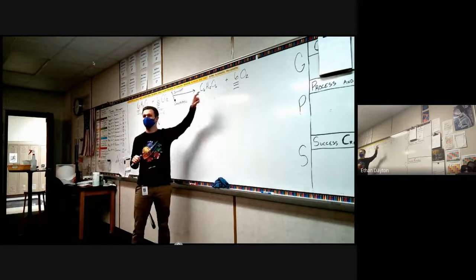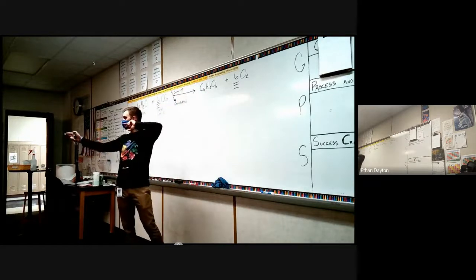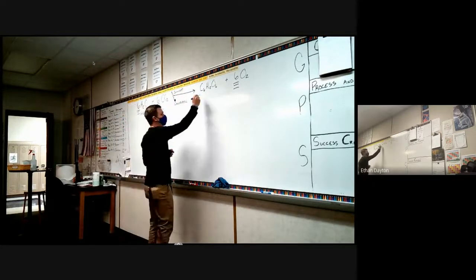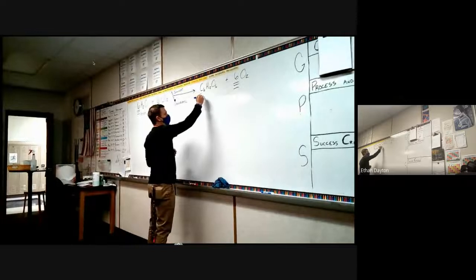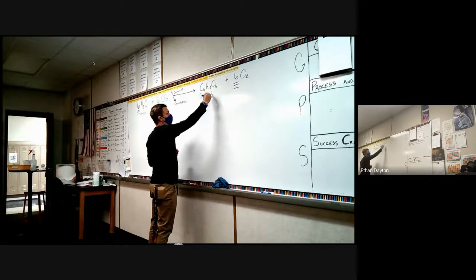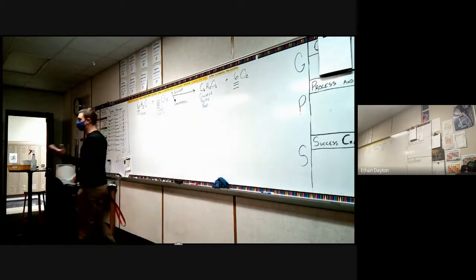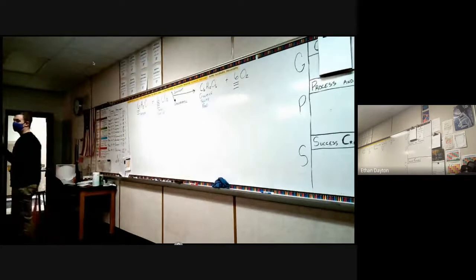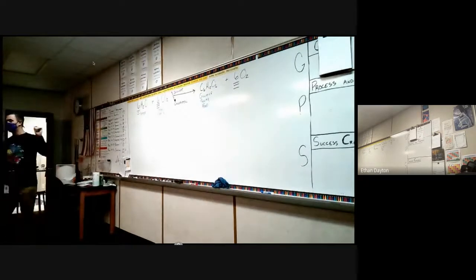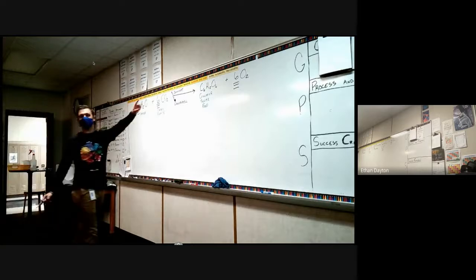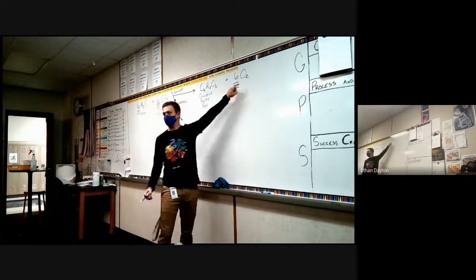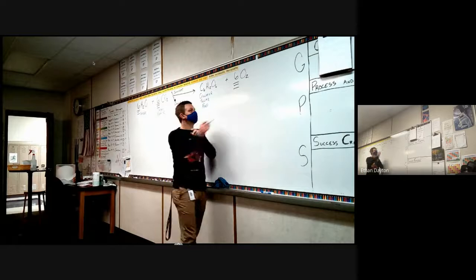It contains some hydrogen. Glucose. You can write this a number of ways: glucose, or sugar, or food for the plant. That's its food. That's its product. That's what it wants to make. And then over here we have a waste product or byproduct. What is this? Oxygen.